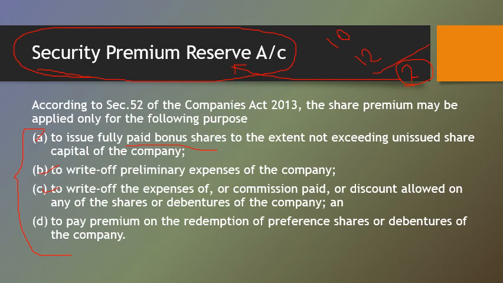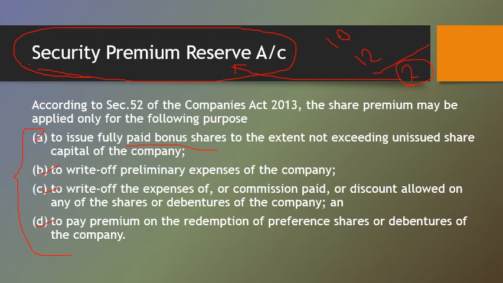If the company is redeeming these preference shares at premium, then to make up that premium expense, the fund can be utilized from the security premium reserve. So for these four purposes, the security premium reserve can be utilized. Let's sum up.